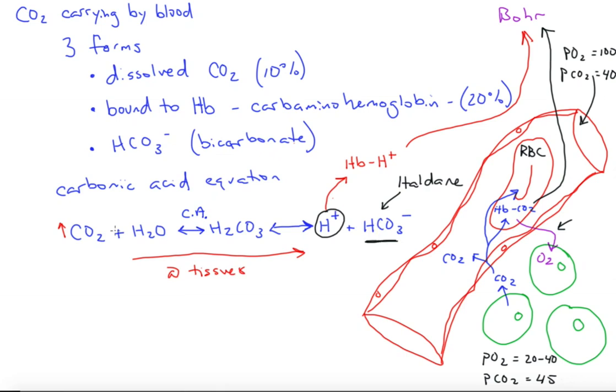If it starts to go backwards, then we have to rely on it carrying as CO2. Well, can we carry lots of CO2? It's got good solubility, but it doesn't have fantastic solubility, right? And so our CO2 carrying as a whole would go down if we didn't have the Haldane effect. Once again, the enhanced carrying of bicarbonate is due to the buffering of these protons by hemoglobin.